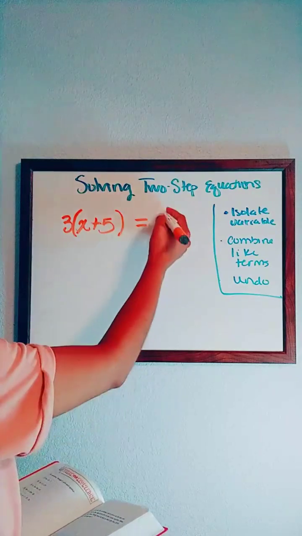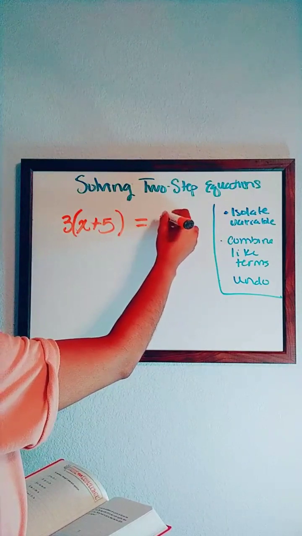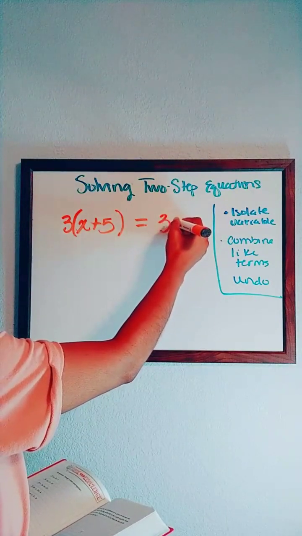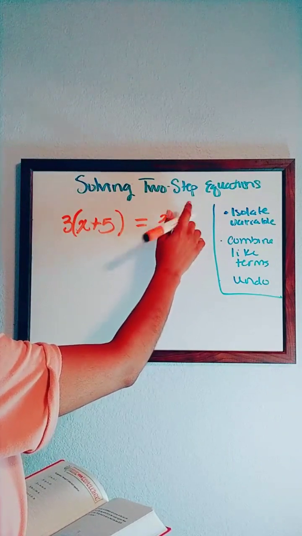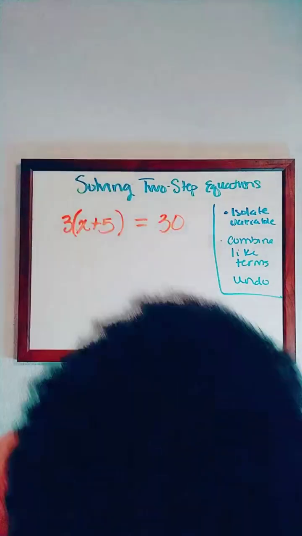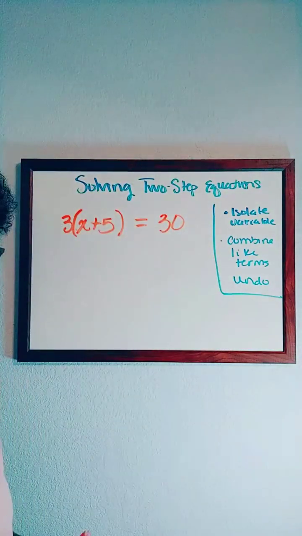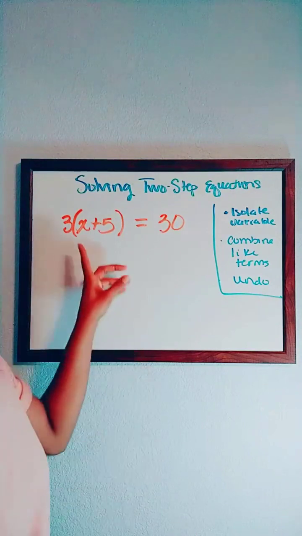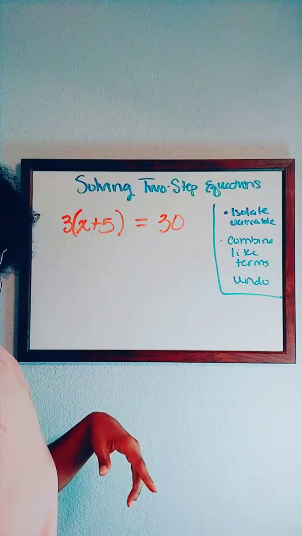What do I want to do? Okay, so for this one, 3 times x plus 5 is equal to 30.